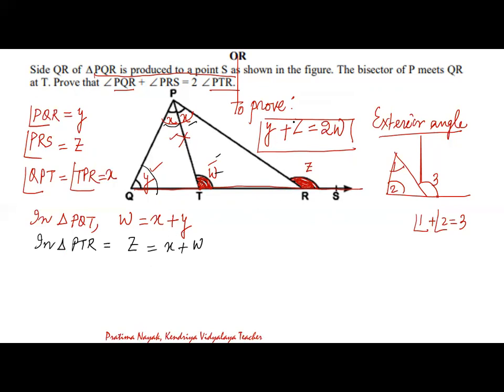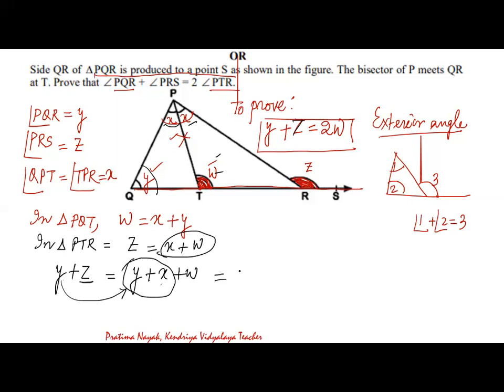Now I'm putting in X plus Z. I'm putting PQR plus PRS, Y plus Z. So Y plus Z is equal to Y plus X plus W. For Z, I am putting X plus W. And what is X plus Y?